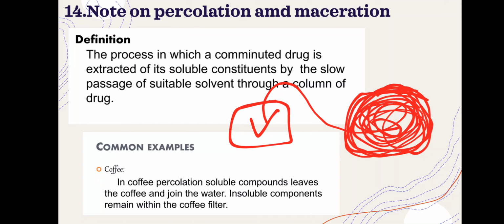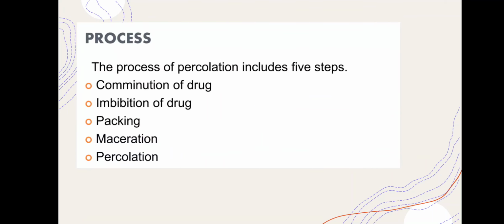We are just getting the essence and taste of the tea. Are you getting it? The bag contains the insoluble components that remain within the filter, here a tea filter example.